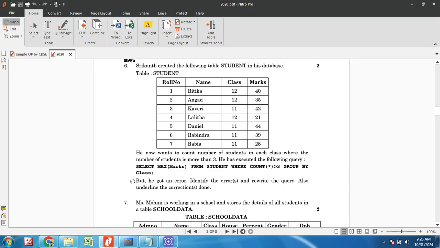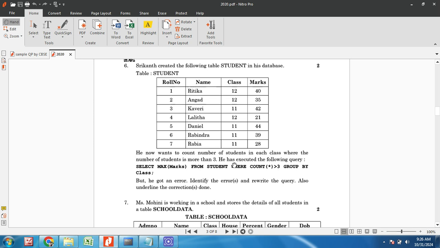Now the question is, he wants to count the number of students in each class. So how many students are present in class 11 and how many in class 12, where the number of students is more than 3?